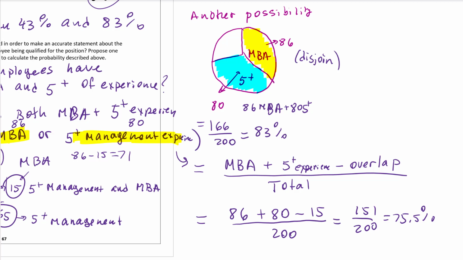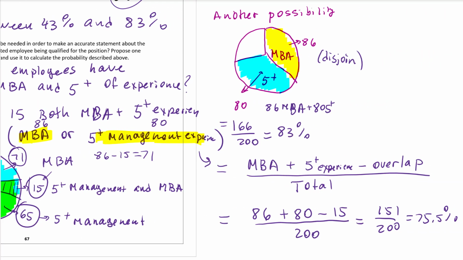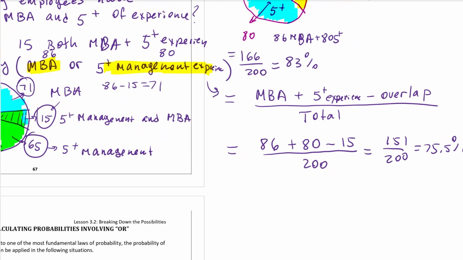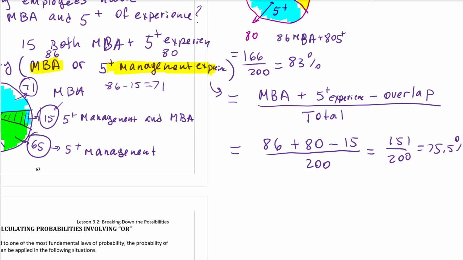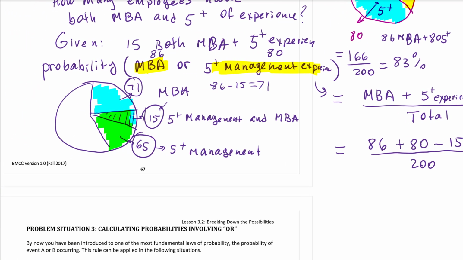Now, let's not get confused, and let's write it out in a more concrete way. What we just did, when we look at events that are conjoined, there's some kind of overlap. We have something called the addition rule of probability, which is the topic of this lesson.